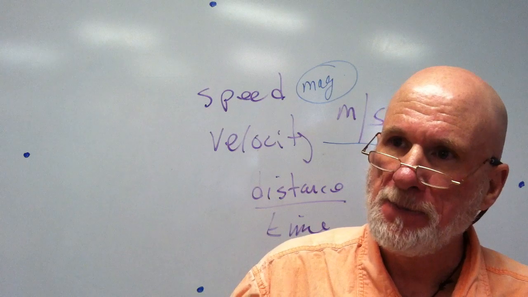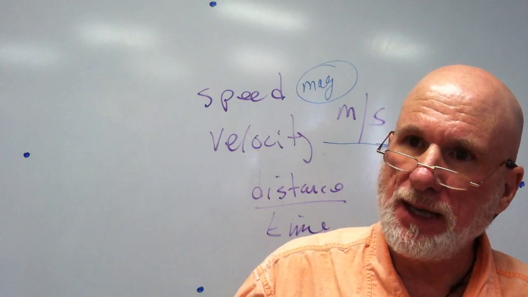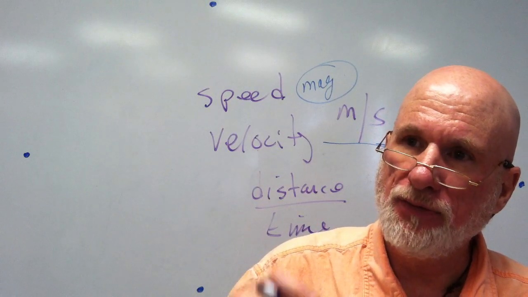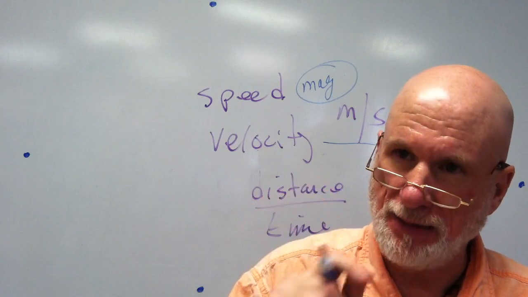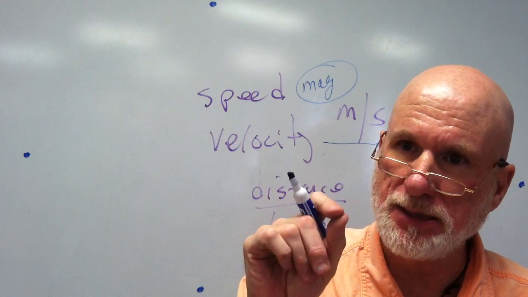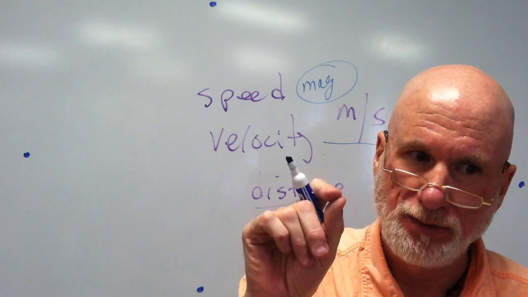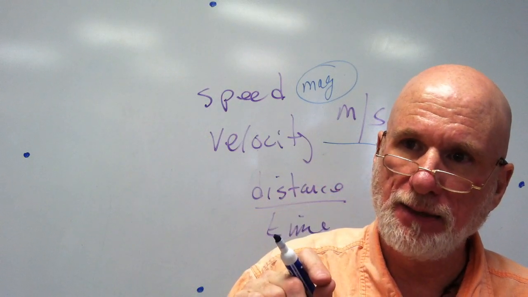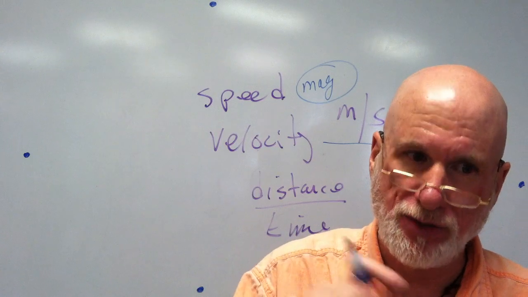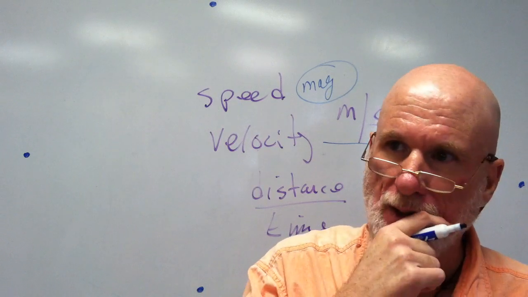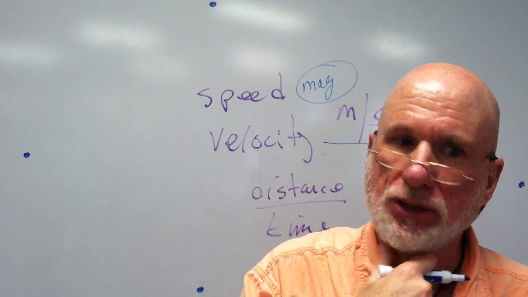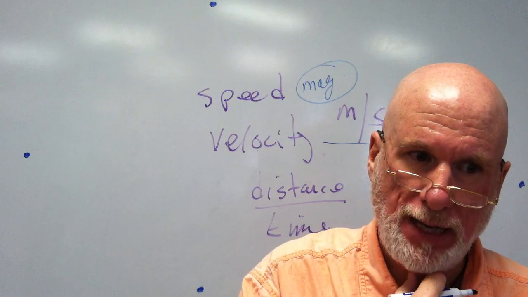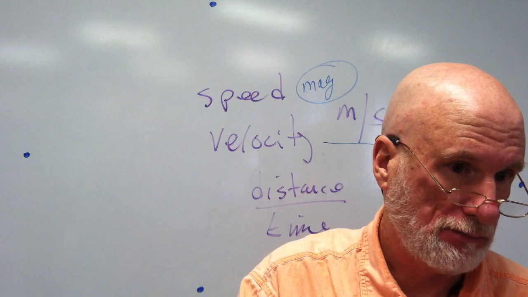In other words, speed is just magnitude, correct? And velocity is magnitude and direction. Could you have just direction as a scalar quantity?